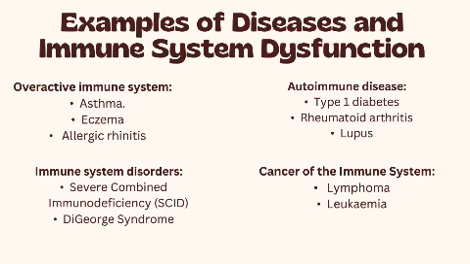And last but not least, we have leukemia, a cancer that begins in blood formation cells in the bone marrow, leading to the production of abnormal white blood cells that interfere with the normal immune function.